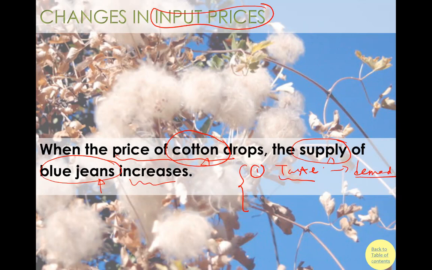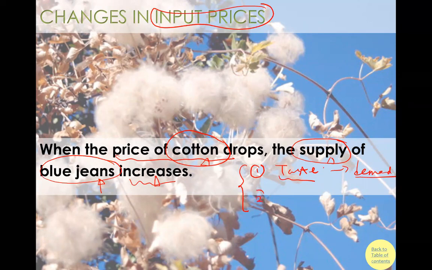That's why we apply this ceteris paribus principle. Meaning when we say the price of cotton drops, we assume there's no change in taste, no change in other things. The only thing that changes is the price of cotton. So that's why we can have a sharp prediction that the supply of blue jeans will increase.